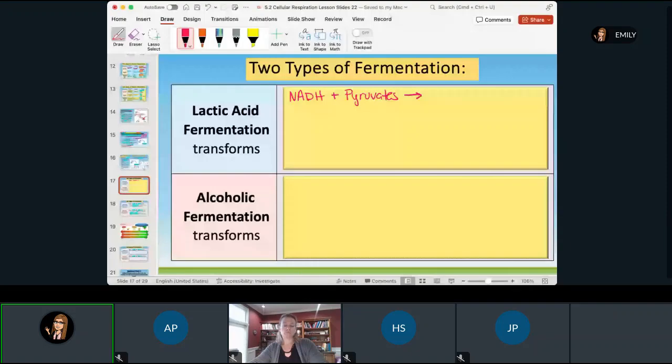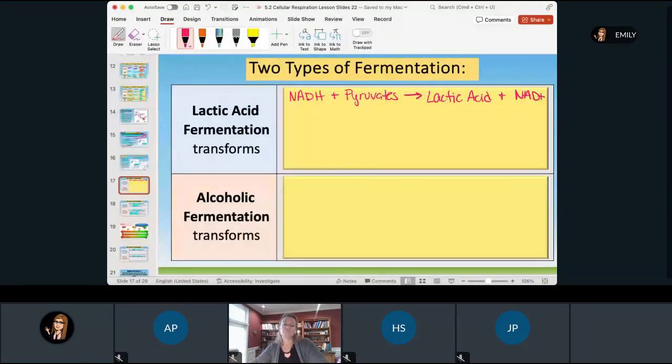But lactic acid fermentation produces two things: lactic acid and NAD plus because we're using up that NADH.